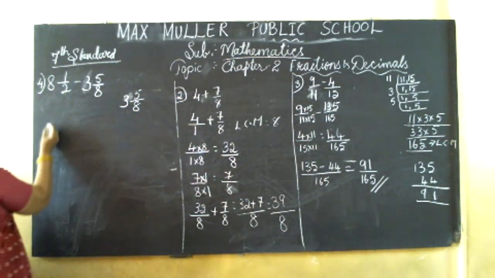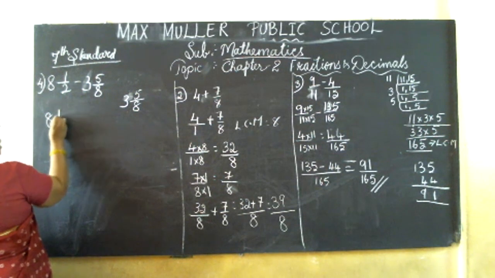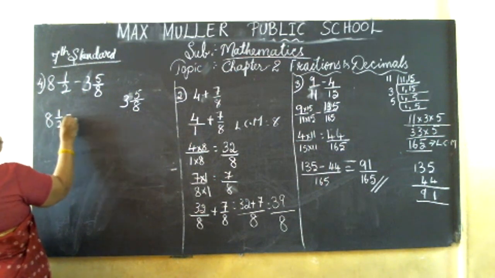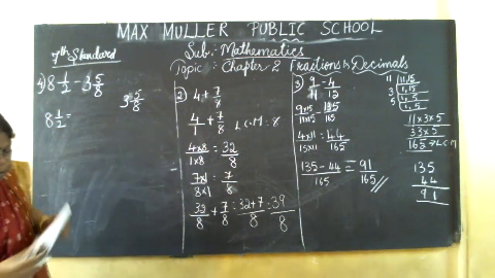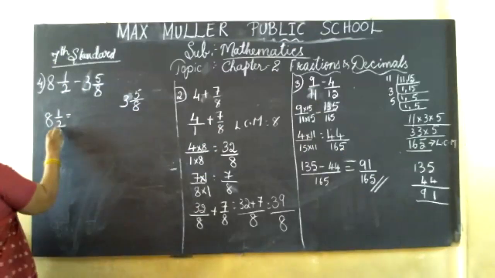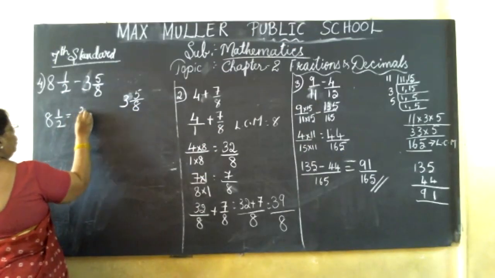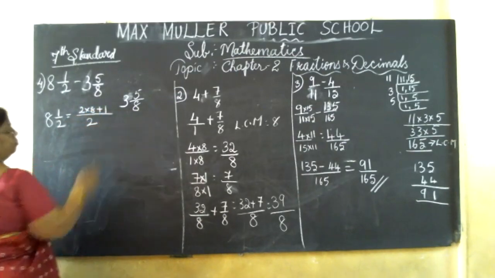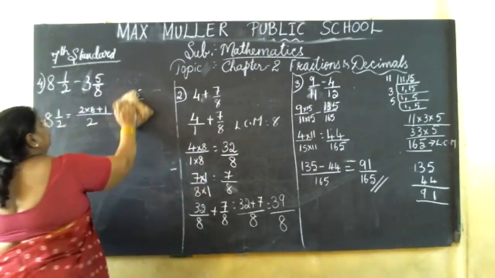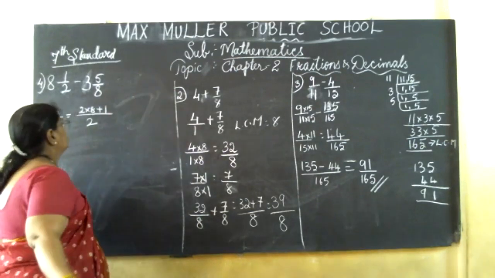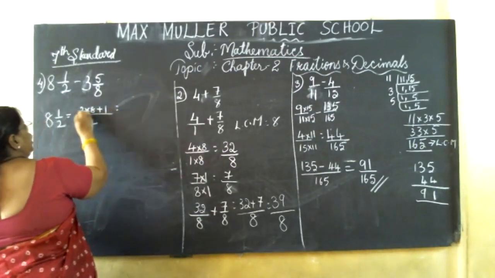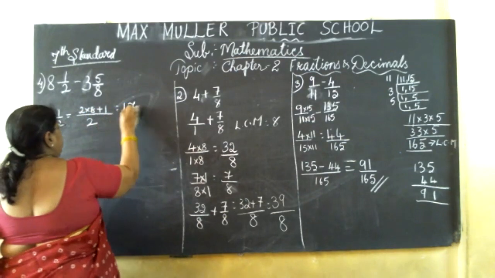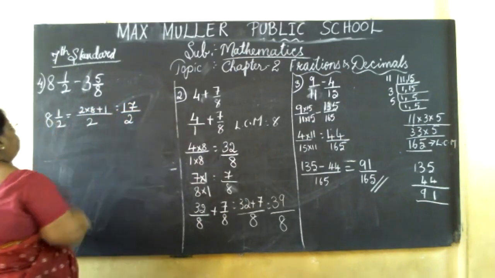Okay, now we will convert the mixed fraction to an improper fraction. 8 into 2 plus 1 by 2 is equal to 8 twos are 16, 17 by 2.